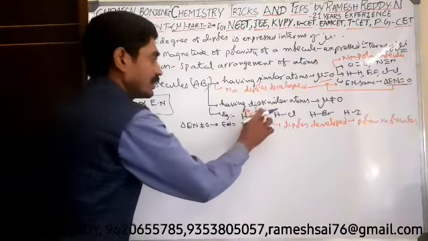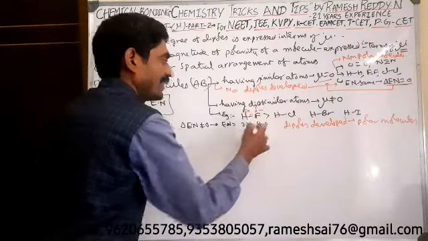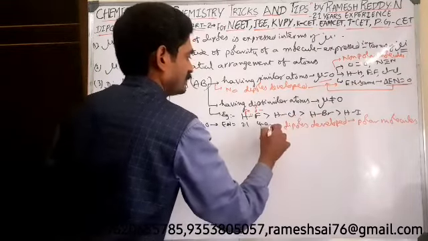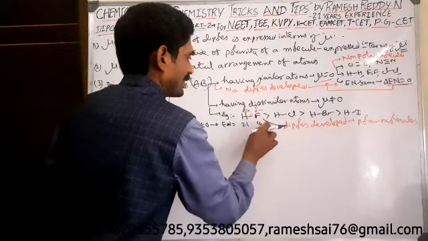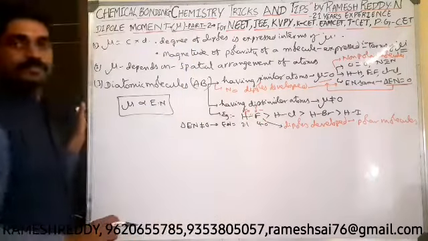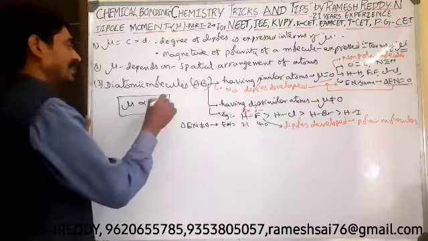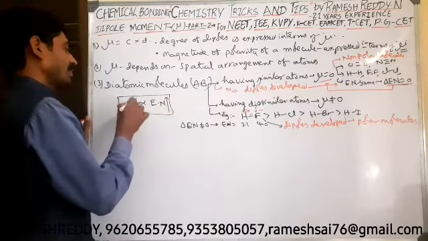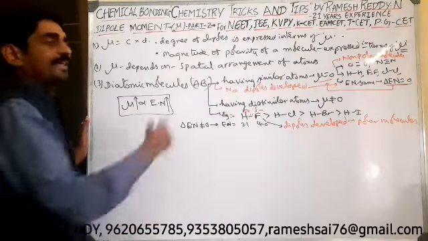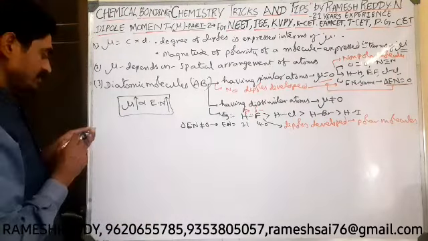That's why the dipole moment of HF is greater. Next HCl, next HBr, next HI. Right? Got it? Is it clear? If the electronegativity of the element is more, the dipole moment is also more. That's why HF has more dipole moment, HI has less dipole moment.